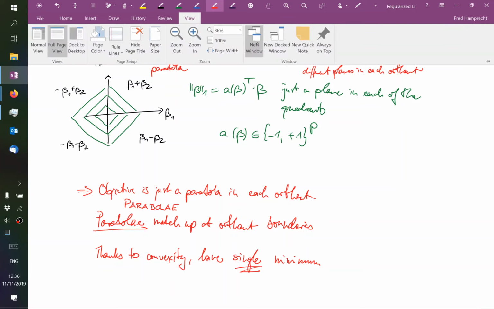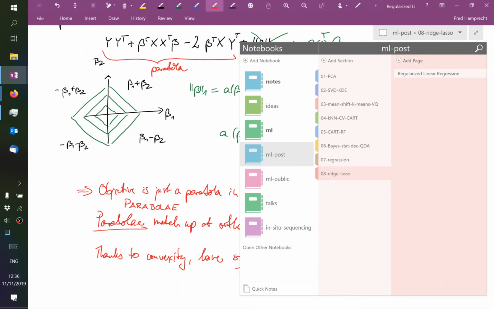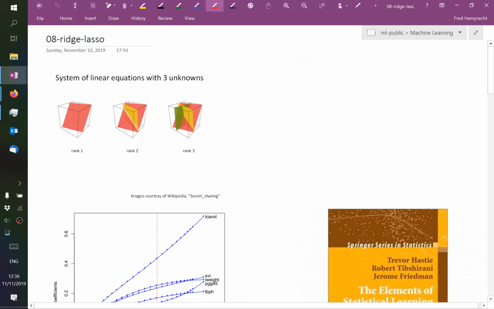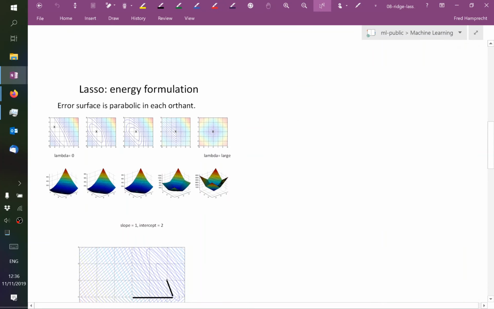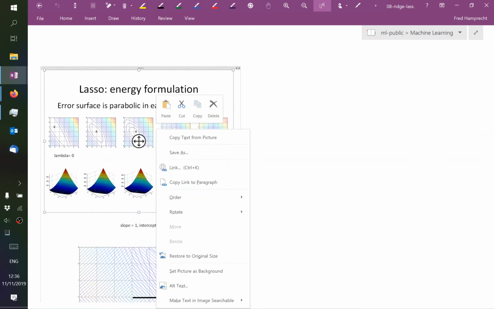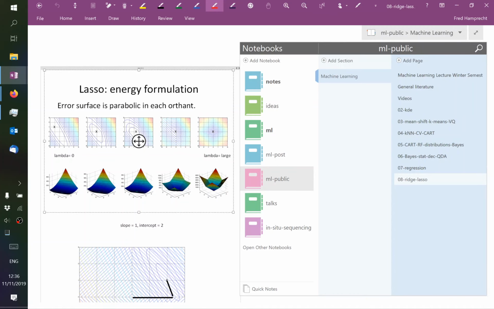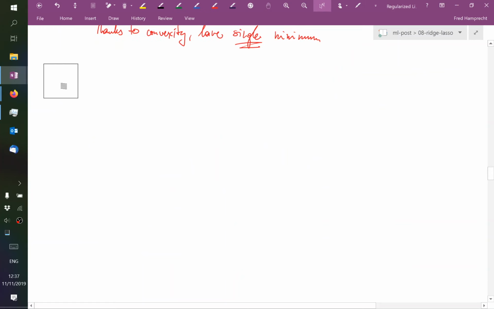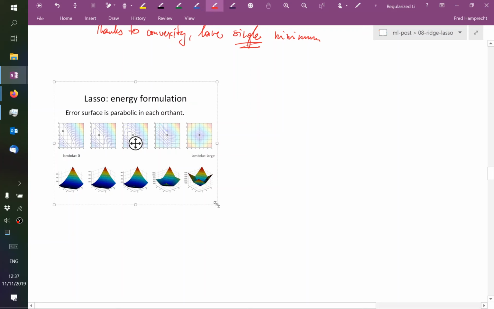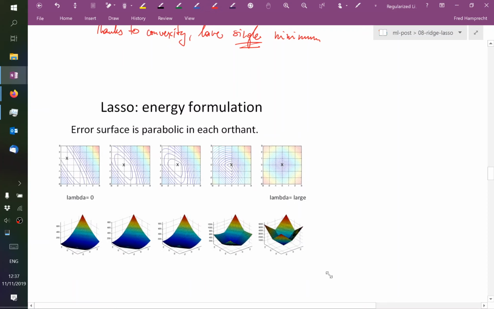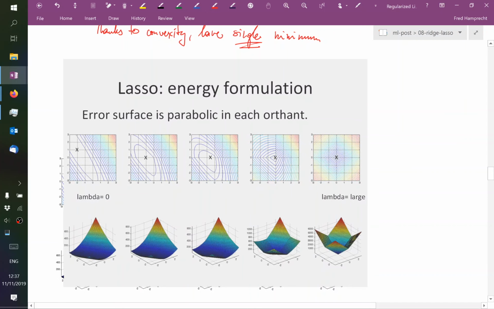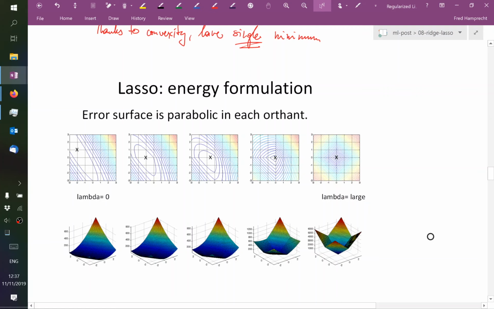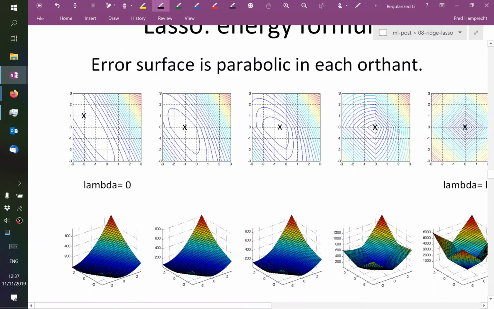Okay, let's look at pictures. So, some example. Here are my axes, beta 1 and beta 2.